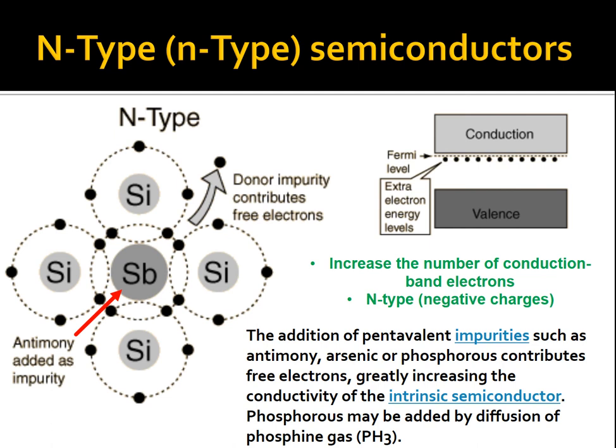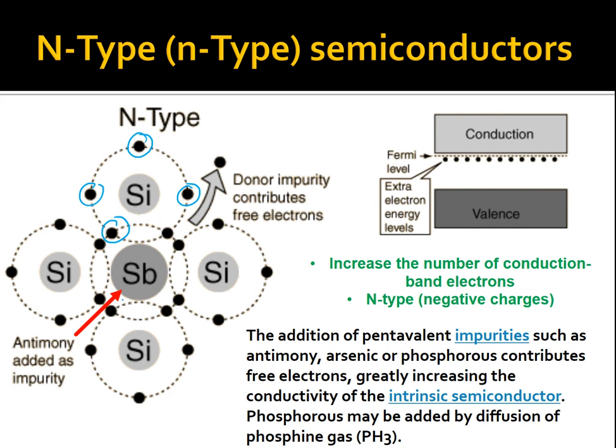Now let's see how the characteristics will change. For example, we have silicon atoms here, and we know that silicon has 4 valence electrons: 1, 2, 3 and 4. These are the valence electrons of silicon, so every silicon atom has 4 valence electrons.